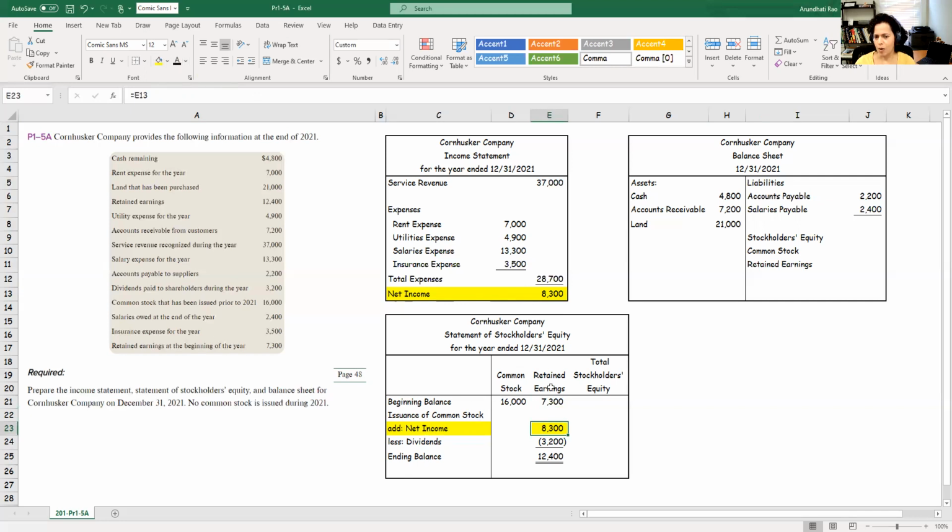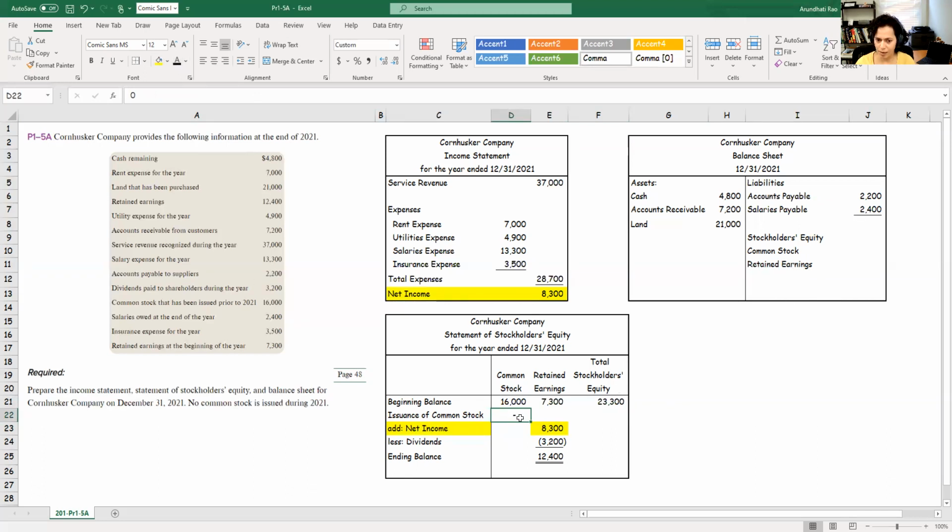Okay. Now, my stockholders' equity beginning balance was, again, remember, it's common stock plus retained earnings. So you add these two numbers. My beginning balance was 23,300. I did not issue any common stock. If I had issued some common stock, that number would have been listed over here. Okay, so I don't have that over here.